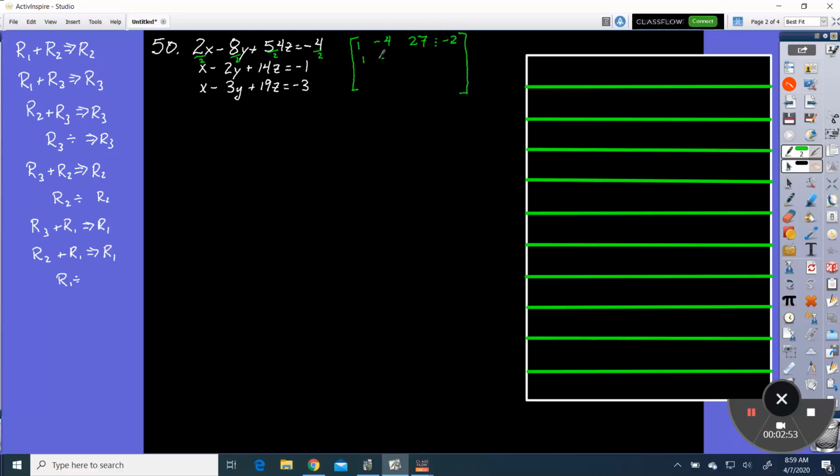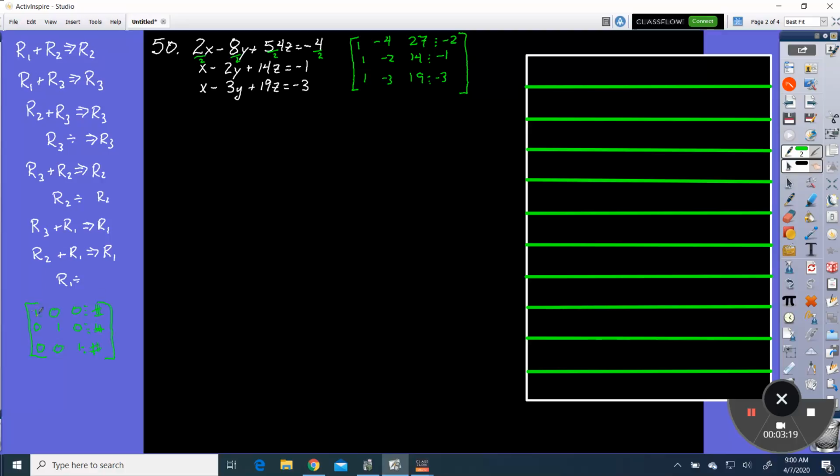And this is 1, -2, 14, -1. And then 1, -3, 19, -3. So now I have my matrix. Remember, we want this thing to look like this over here in the left-hand corner. 1, 0, 0, 0, 1, 0, 0, 0, 1, and then some number at the end, sorry.